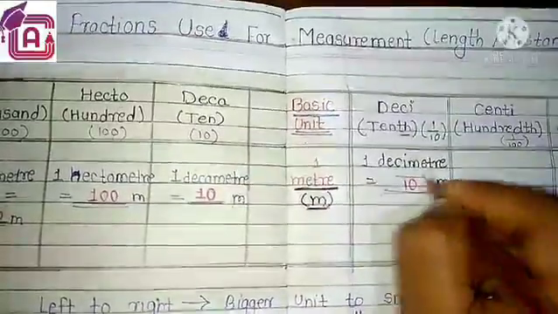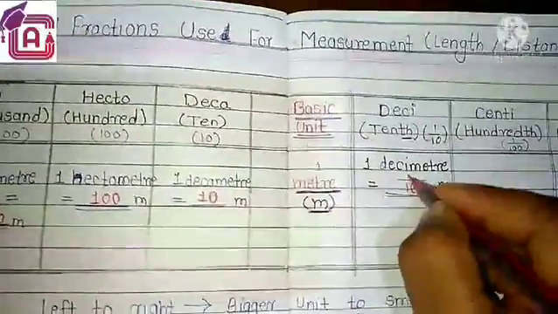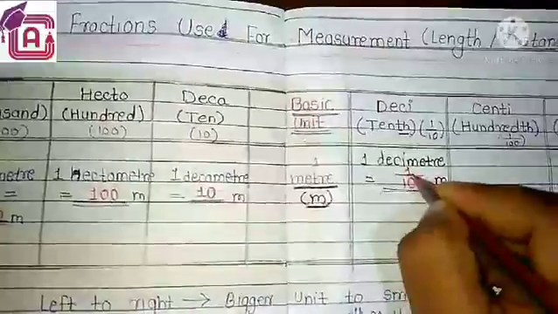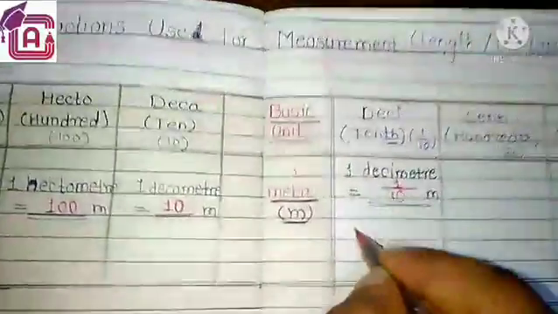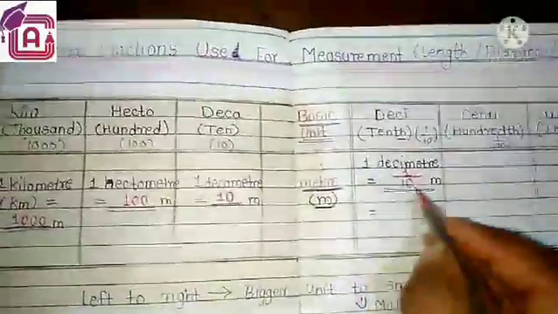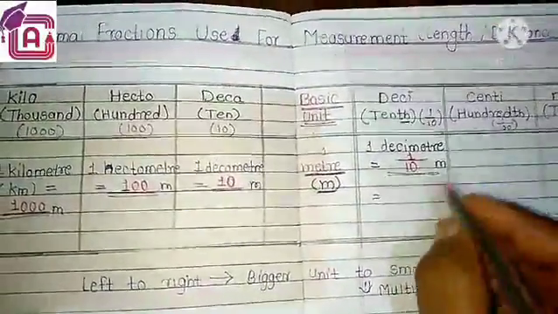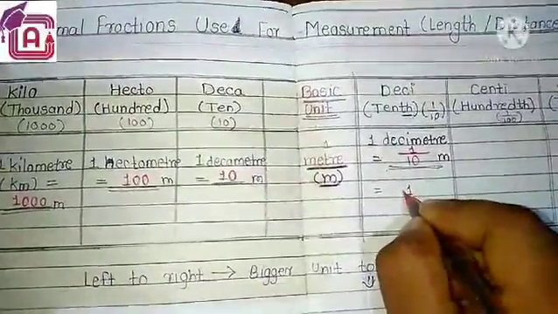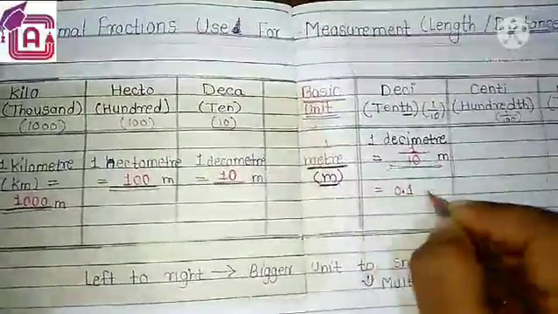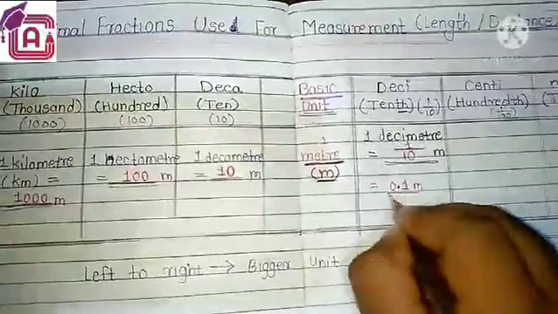On a numerator side, it is a 1 decimeter. So I am writing at the numerator 1 upon 10 meter. And we know how to write 1 upon 10 in a decimal point format. How many zeros are there? Only 1 zero. So after 1, we have to put only one place and write down a point, 0.1 meter. 0.1 meter.